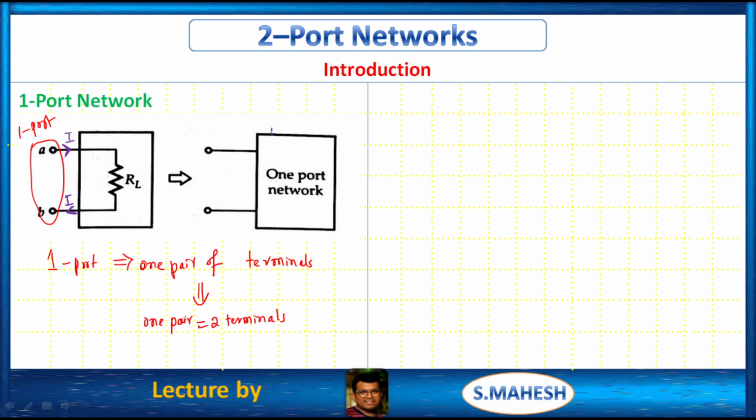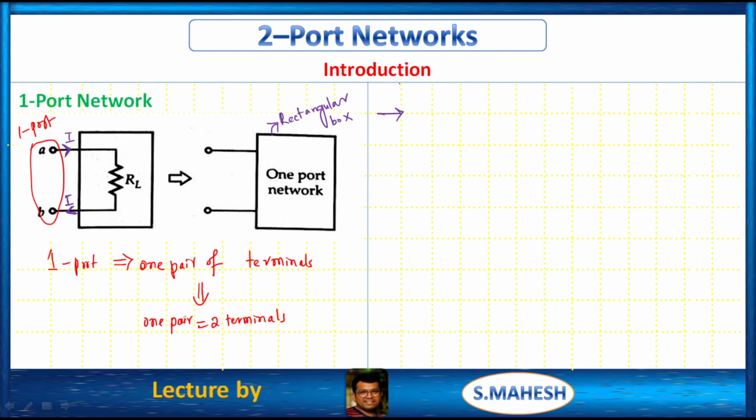Simply it is a rectangular box, and we can represent the equivalent circuit in this rectangular box. At the input side we have one pair of terminals, and at the output side we have another pair of terminals, but within that we have a rectangular box containing an equivalent circuit. By choosing the equivalent circuit in such a manner, we get the relation between input and output.